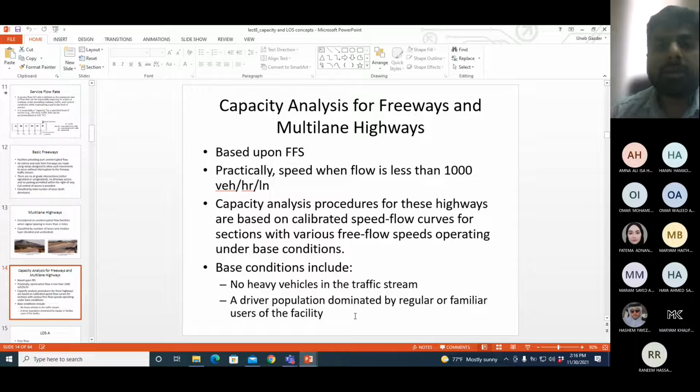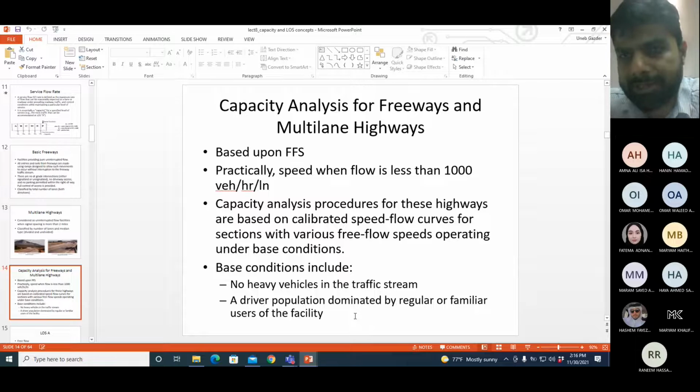Now the calculation which we are going to see for capacity and level of service depends upon the graph or the curve between speed and flow. In the earlier manuals, they used to give us the graph in the manual itself, and then they said use the graphs and find out the capacity and level of service and so on.